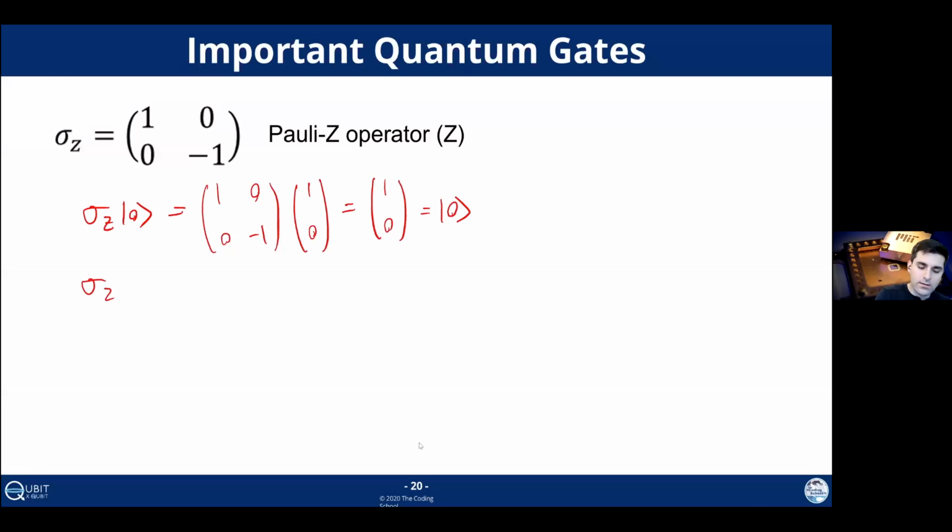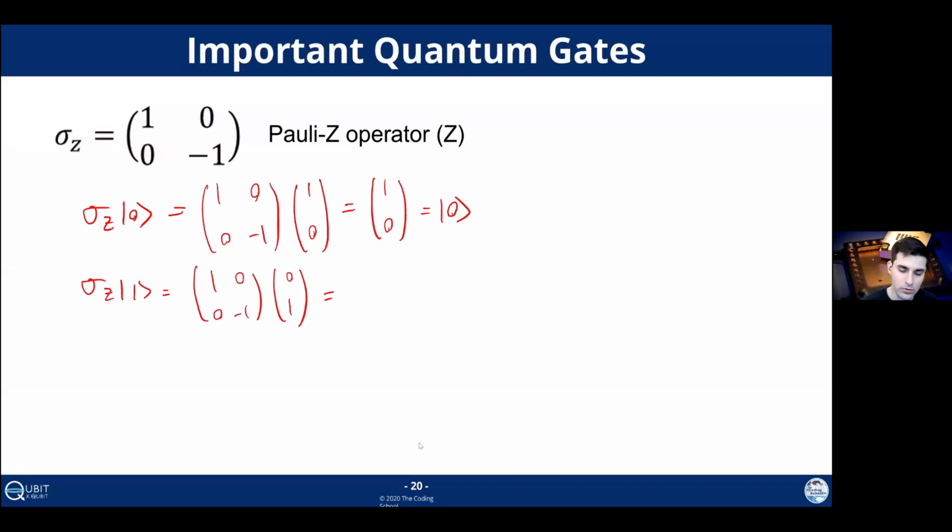Now, what if I apply the sigma z to the 1 state? What do I get then? Actually, this is a good question to relaunch the poll on. Okay, I'm going to end the poll.